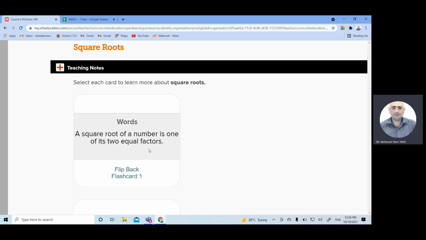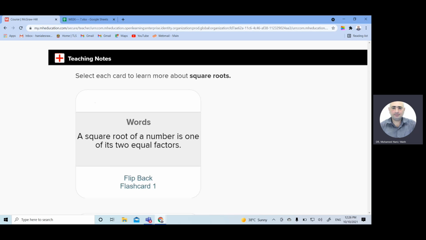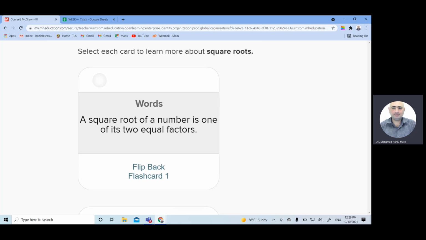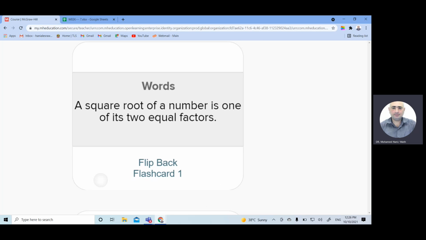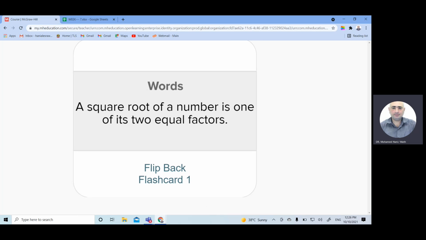This is the definition here. Please write this definition. This is the meaning of the square root.